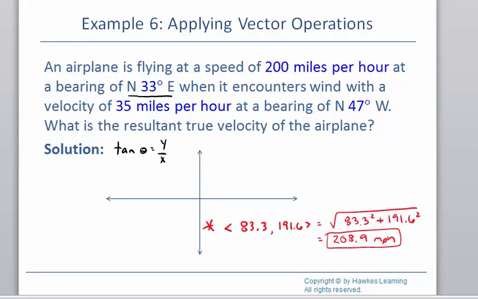The 191.6 goes on the top, and the 83.3 goes on the bottom. And then you're going to go to your calculator and you're going to enter it in as an inverse tangent. And so we will be putting in inverse tangent of this fraction. And when we do that, we're going to come up with 66.5 degrees.